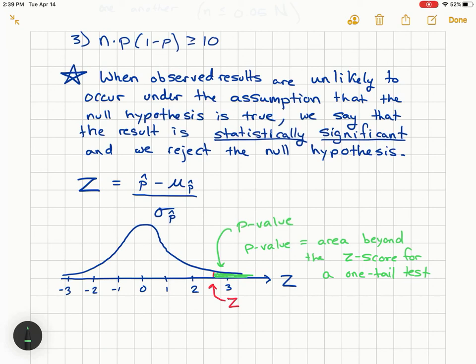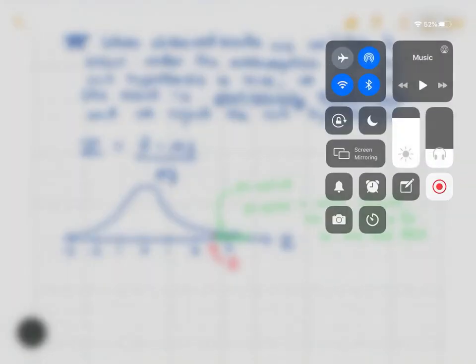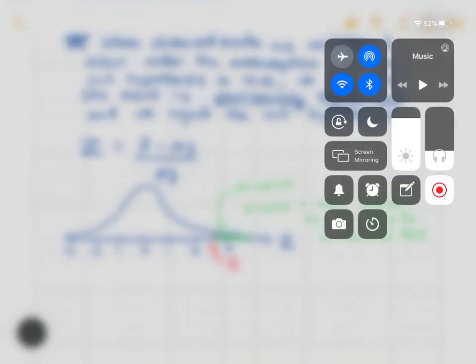So if this p-value is really small, then this z is many standard deviations away, either above or below the assumed population proportion. And if that happens, we say, well, that's statistically significant, and we would reject our null. Otherwise, we would fail to reject the null.